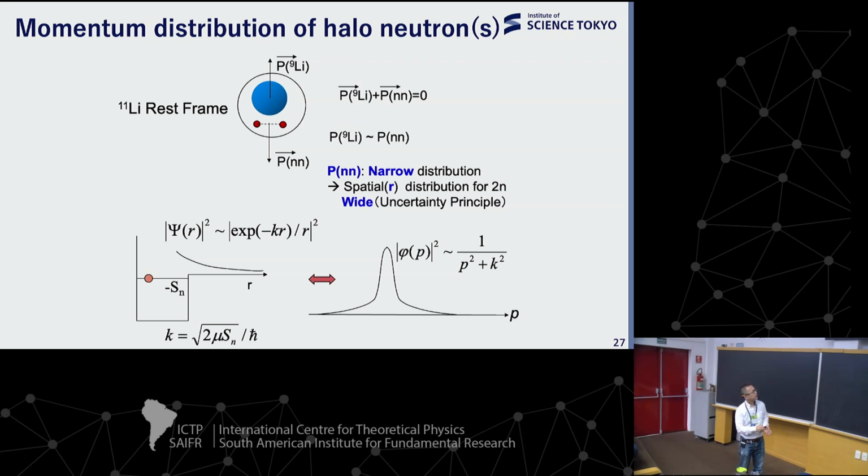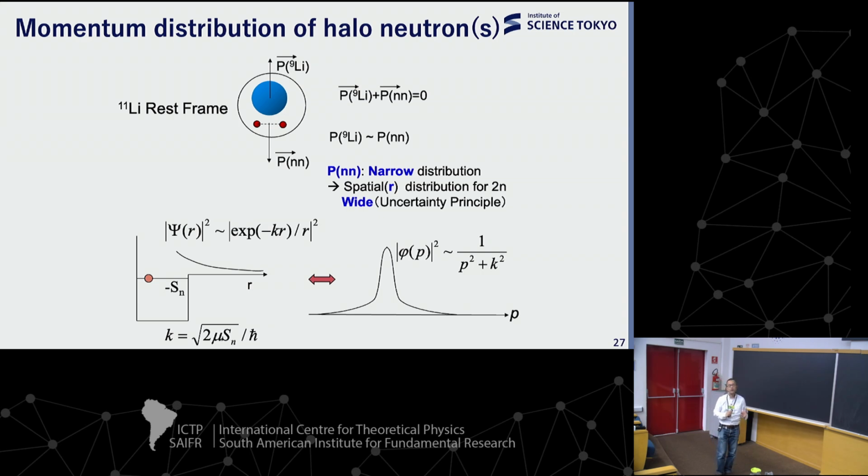Okay. So after the radius was found to be very large, they had to prove that it is due to the tail of the neutrons, and actually this clearly tells us that the tails of neutrons matter for the formation of neutron halos.